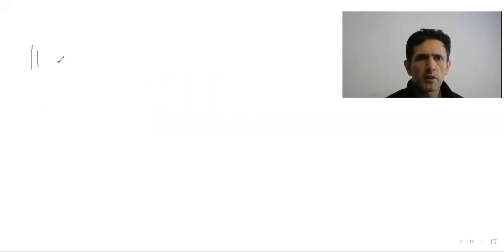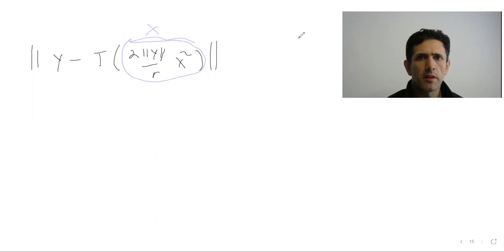That means y minus T of 2 norm of y over r times x tilde. And this is what I want to be x, this whole thing here. Just circle it. This is going to be less than epsilon.